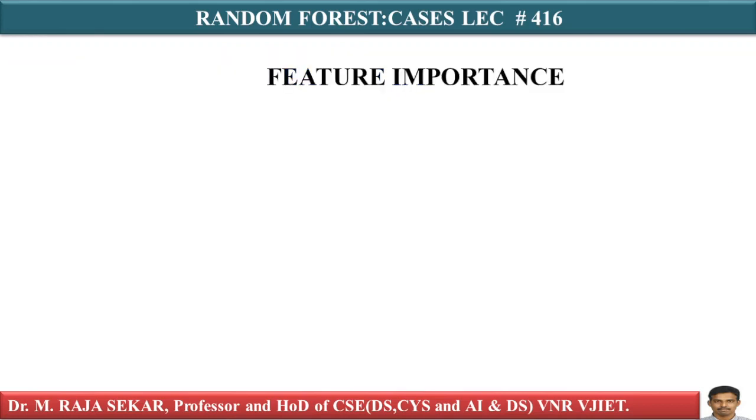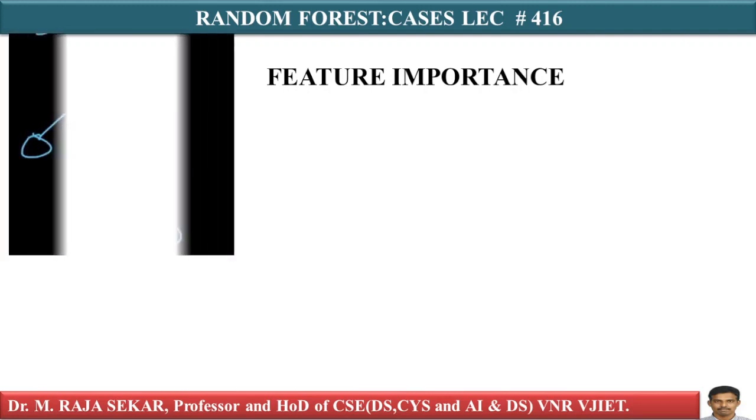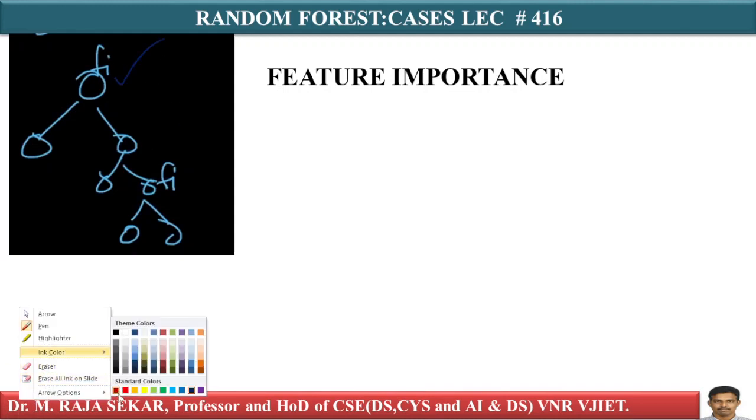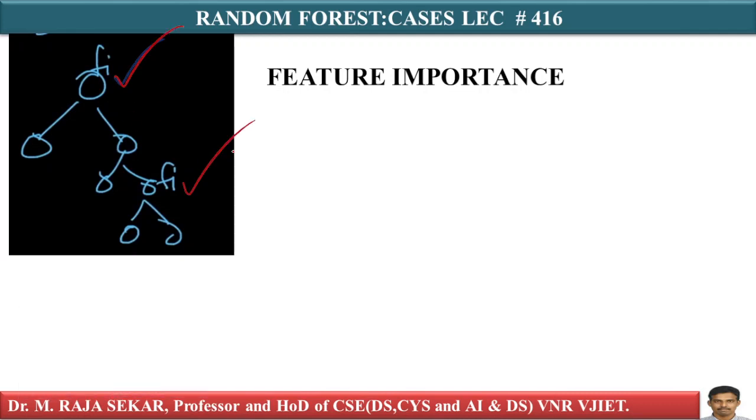The second key difference is feature importance. In decision tree, if you recall, how do you compute feature importance of feature fi? We see where all fi is used in a tree. Let's say fi is used in two places, and so on.